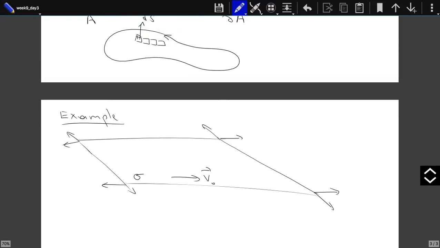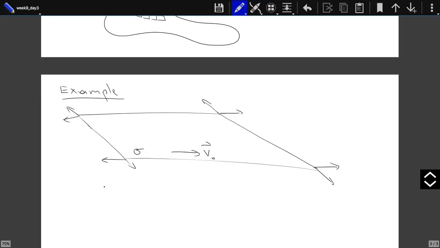Well, we already know that there's a charge density, but this is not a volume current density. We call this a surface current density. And the surface current density is just sigma v0.